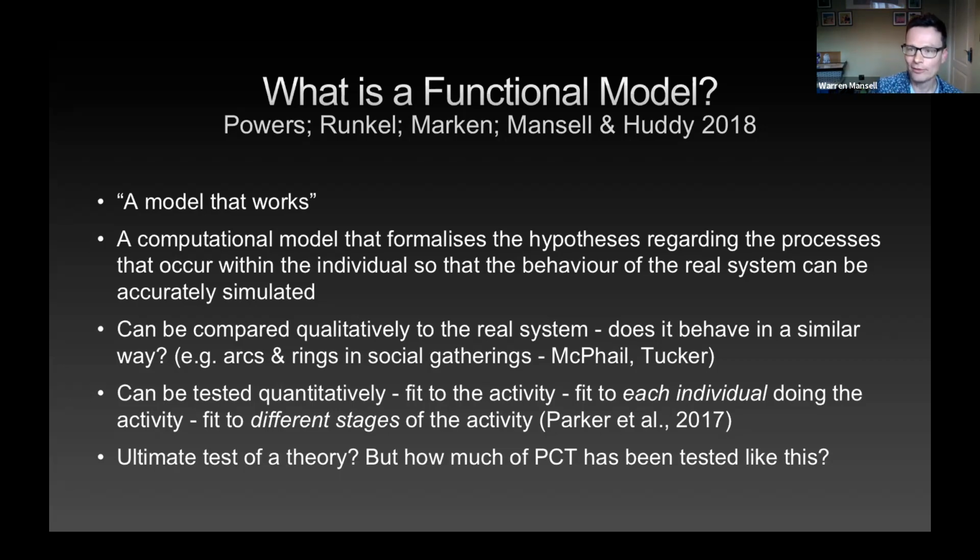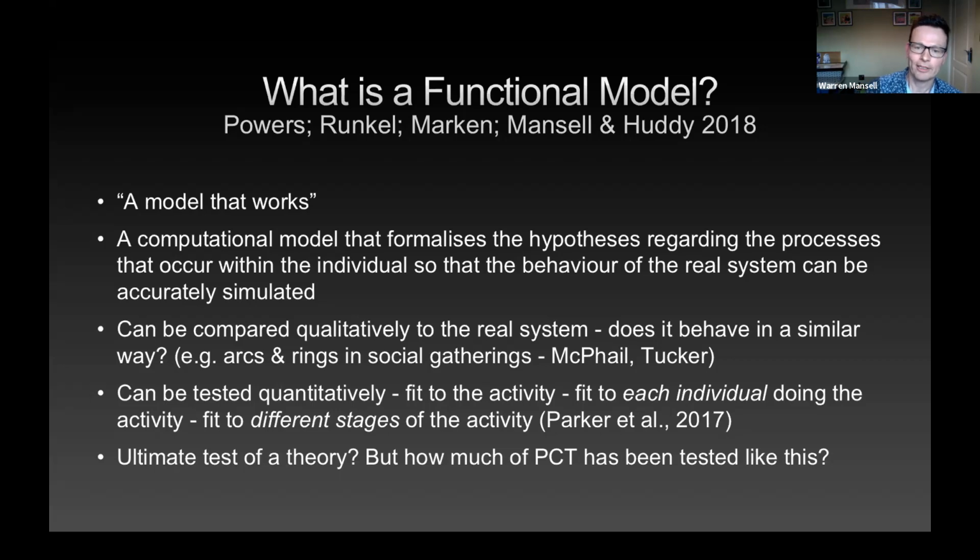We can test things quantitatively. Now this can be fit to the activity itself. And so we might test it in multiple individuals, but we might not be interested in modeling those specific individuals. Or we can fit the model to each individual doing that activity and try and optimize the model to the exact way that they're doing it. It may be that some people have a stronger gain in the system, which might look like more effort, for example.